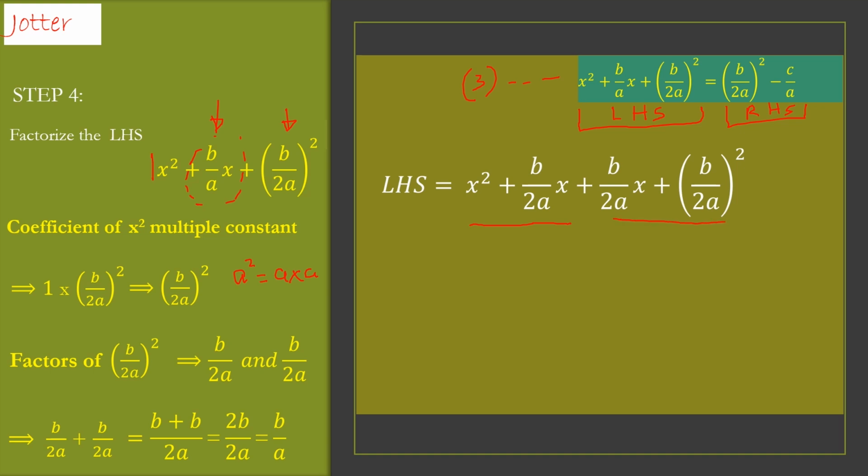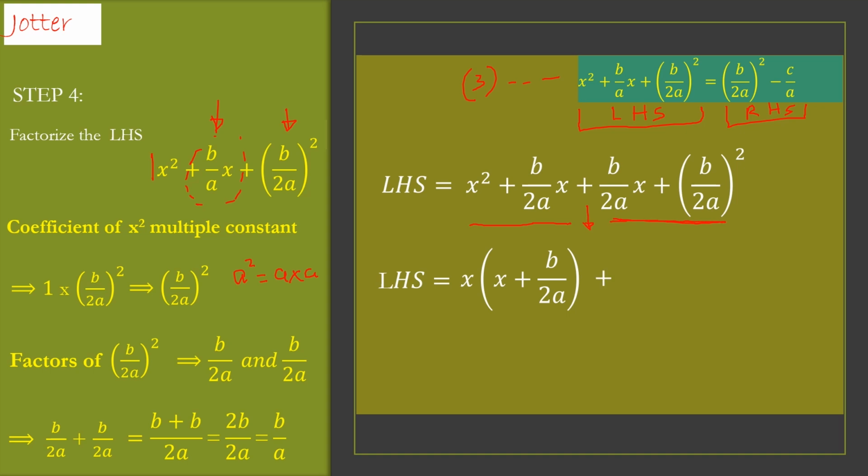Looking at the first two terms, the common factor among them will be x. So x will go in x squared to give us x, and x will go in b over 2a x to give us b over 2a. That will be the first bracket there, and the plus has to come in there.